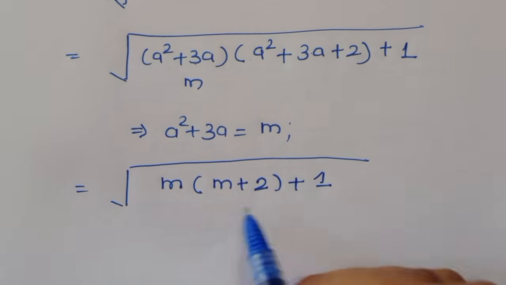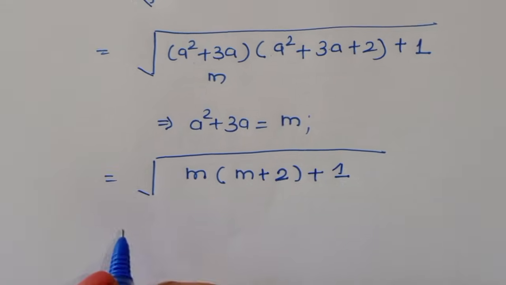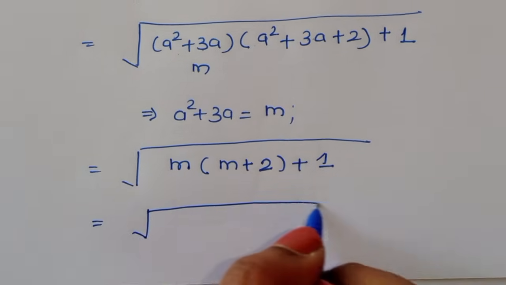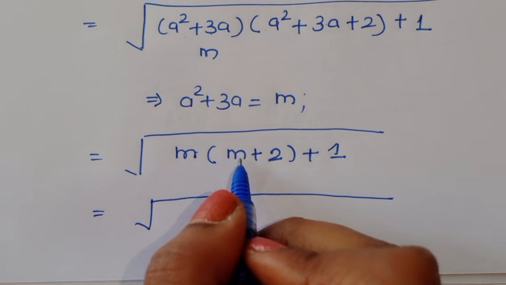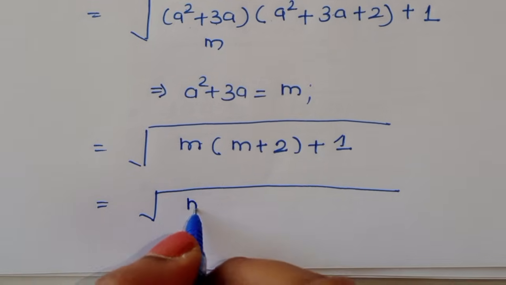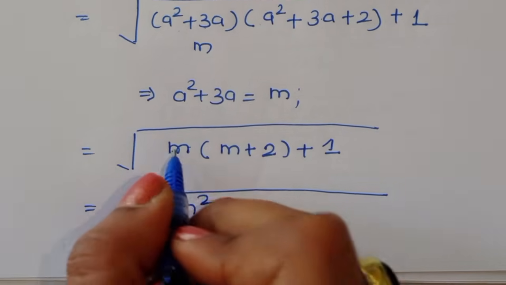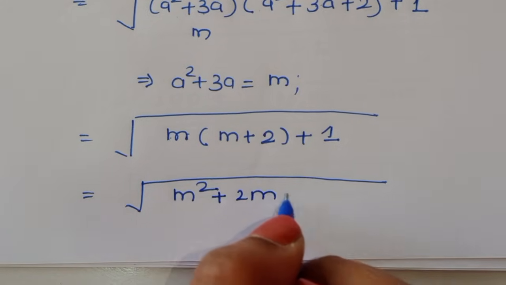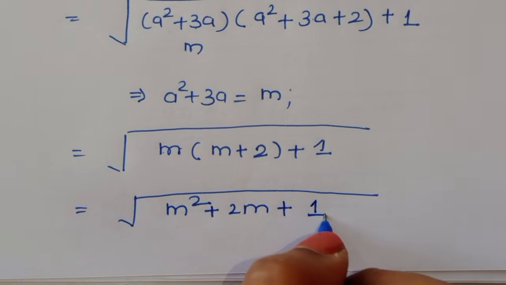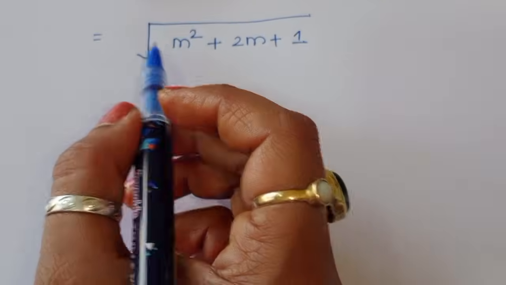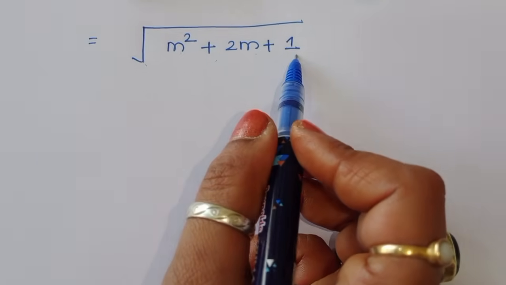This will become m square plus 2m plus 1. You can see this is the square root of m square plus 2m plus 1.